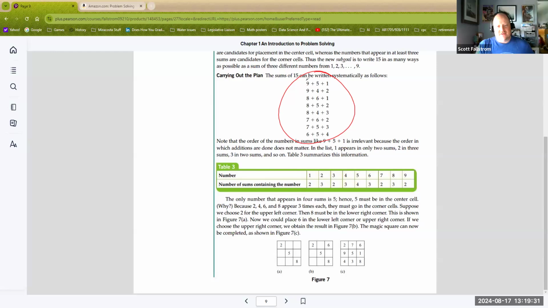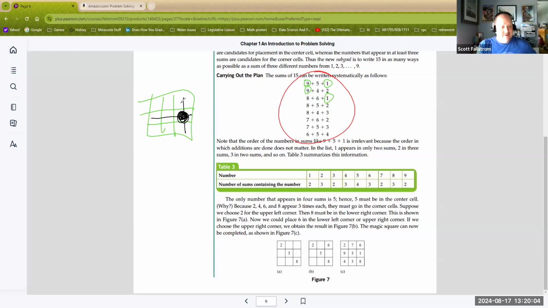Like the number 9. Number 9 shows up twice. Well, that's not very many times, right? The number 1 shows up twice. Hmm. Okay. I guess that's interesting. But it only shows up twice. If you remember that square, if I need something to add up twice and it has to be the same, it has to be a number that's in one of these locations.